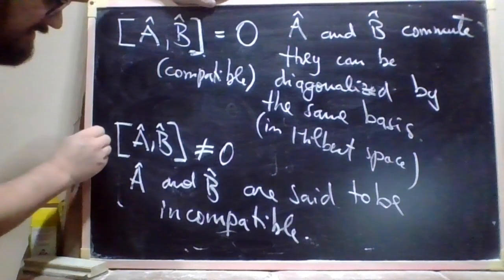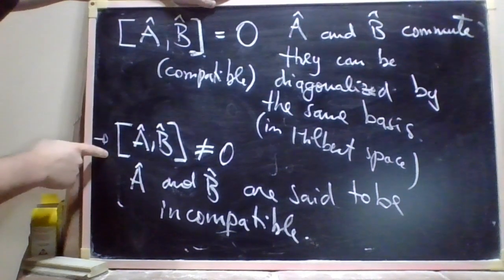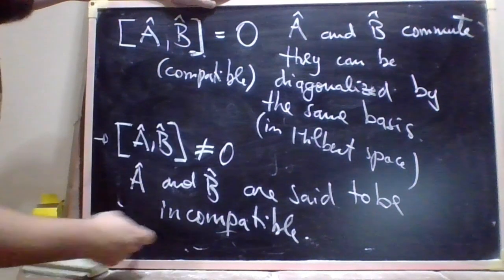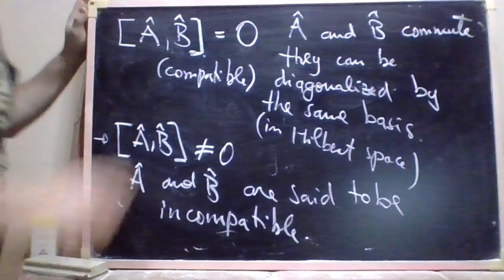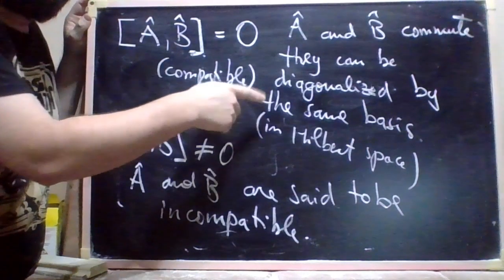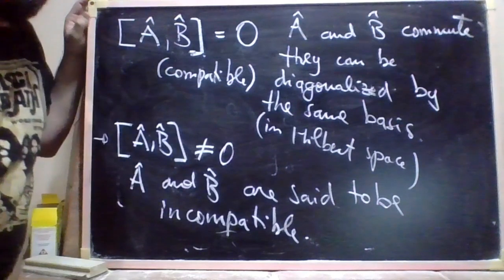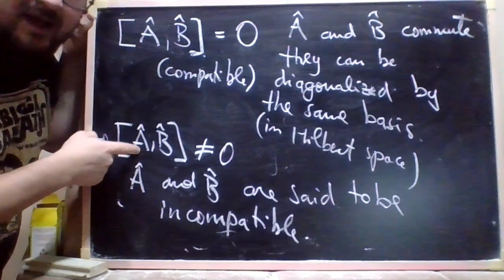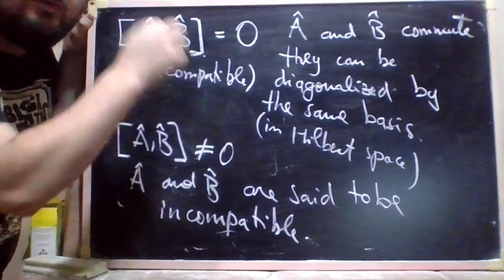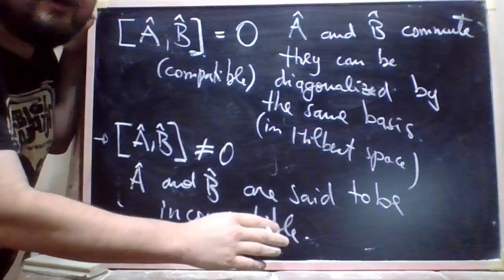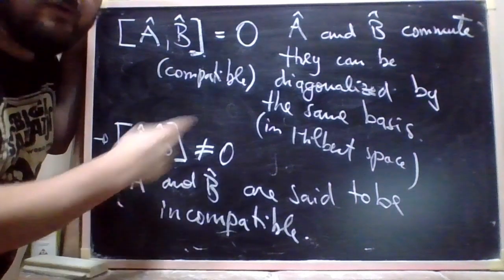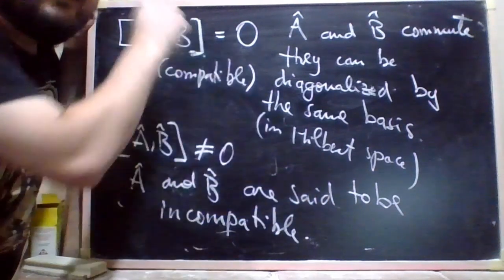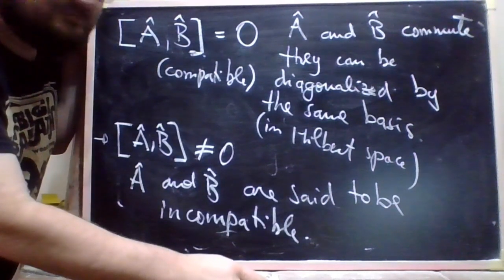And in the second case, if you have two non-commuting or incompatible operators, they cannot be put in diagonal form by the same basis. If you choose the basis of eigenvectors of A, A will be represented by a diagonal matrix, but B will have values outside the main diagonal, right?